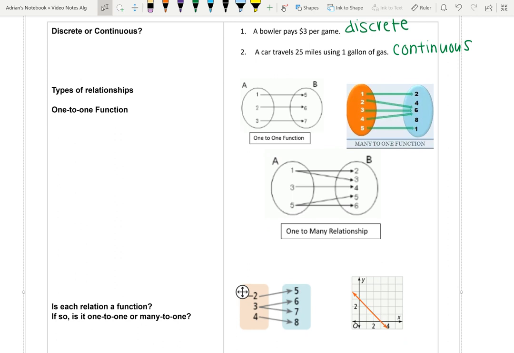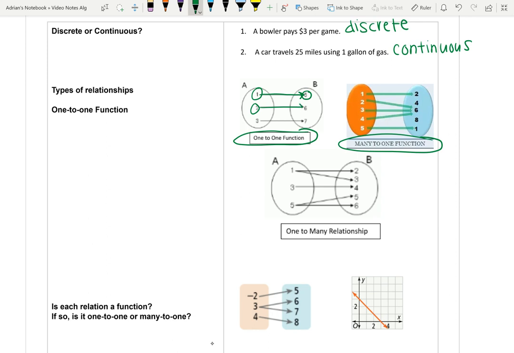So if we look over here at our first two pictures, we have a one-to-one function and a many-to-one function. So remember, functions have to have an input for each output, x to y. So if we're looking here at our first example, each of my inputs has exactly one output. There's no repeats anywhere.